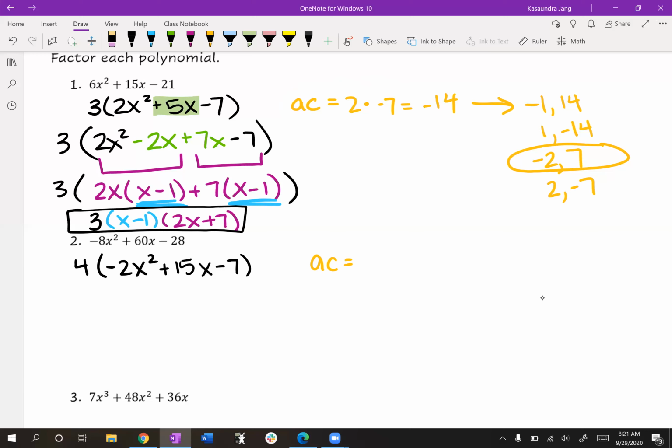Isn't it the negative 2 times 15? Oh, close. Negative 2 times, like up here, I did a positive 2 times the negative 7. So I'm gonna do a negative 2 times, in this case, a negative 7. Okay. So I got a positive 14 in this case. So then what are the factors of 14?